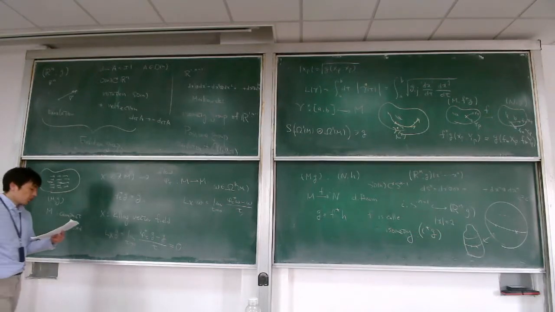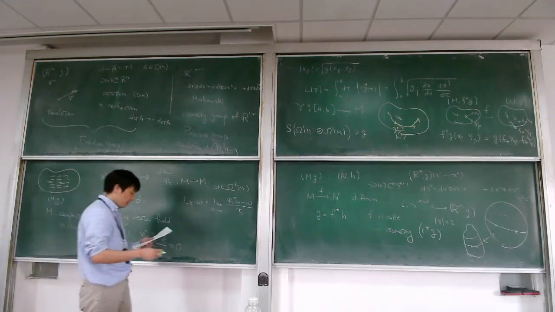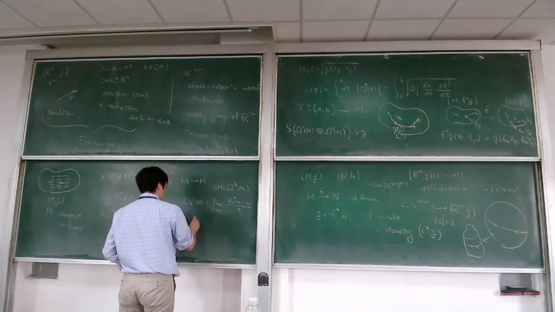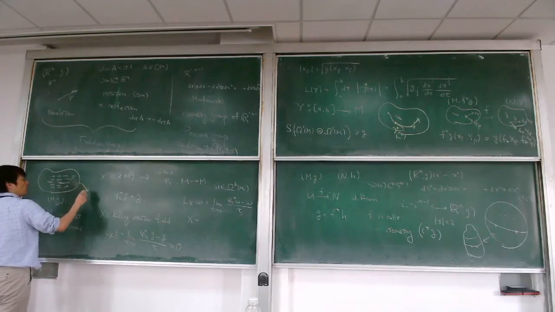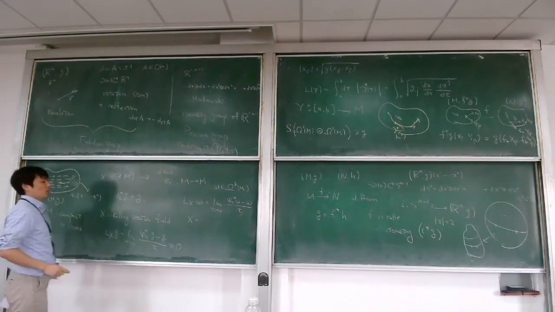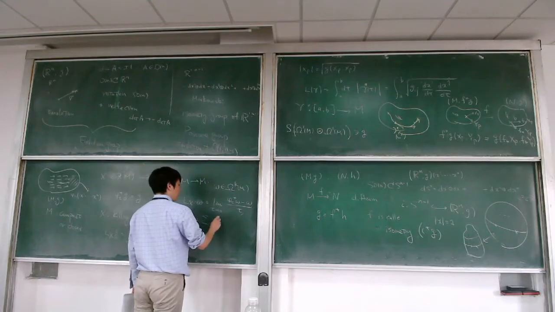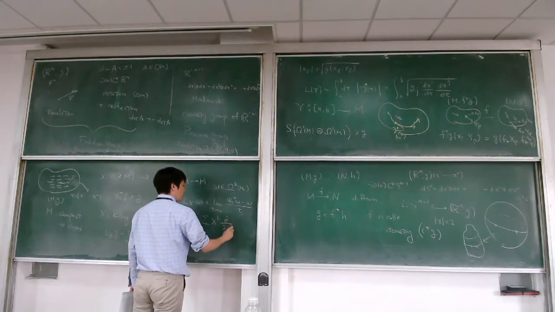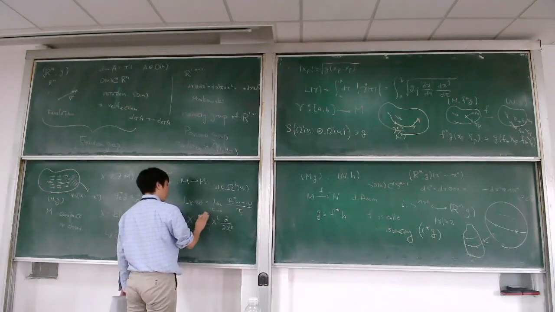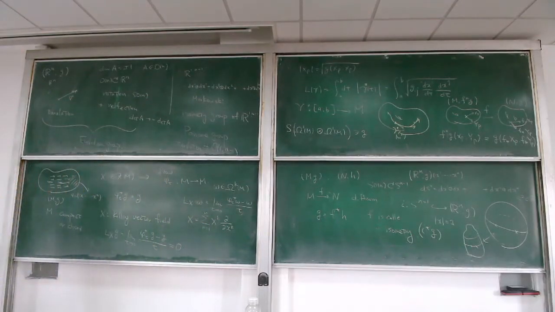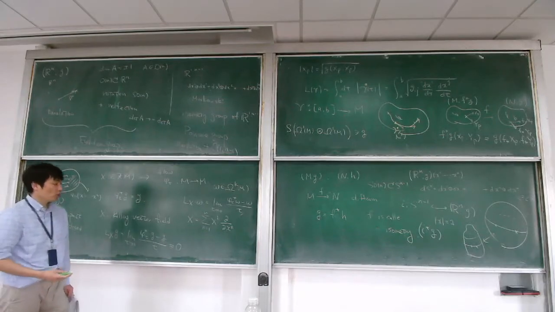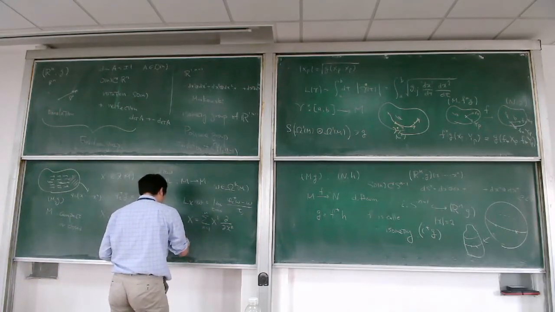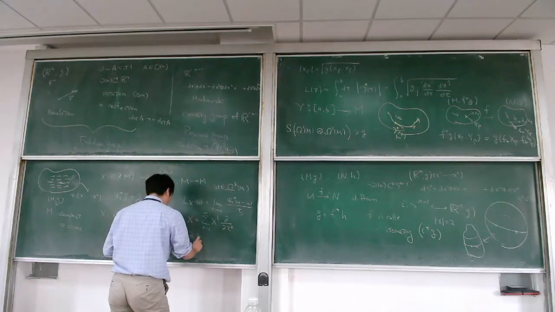If you use local coordinates, this Lie derivative can be written in the following way. You can take a patch and consider local coordinates x1 through xn, so that X can be written as the sum of X^k times partial derivative with respect to x^k. Then the equation that the Lie derivative of g is 0 can be written locally as X^k partial_k g_ij plus terms.